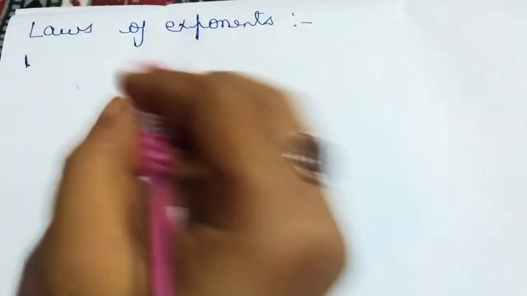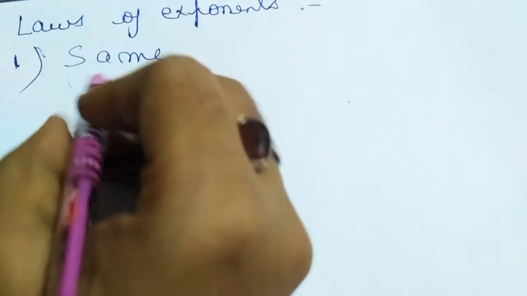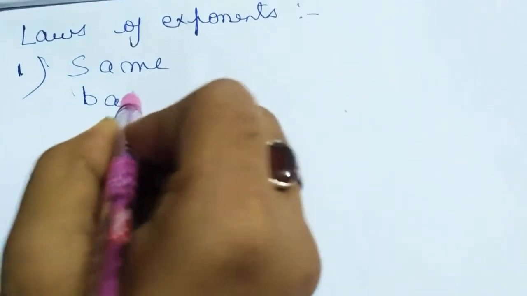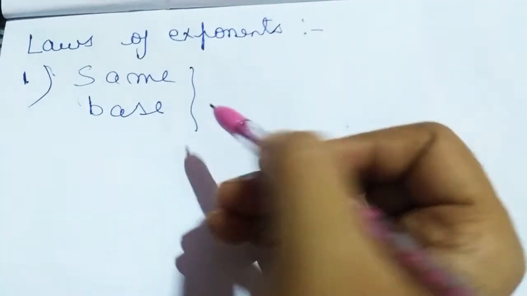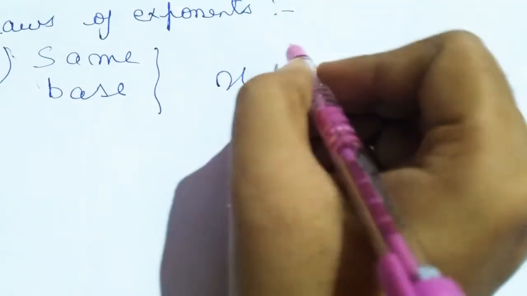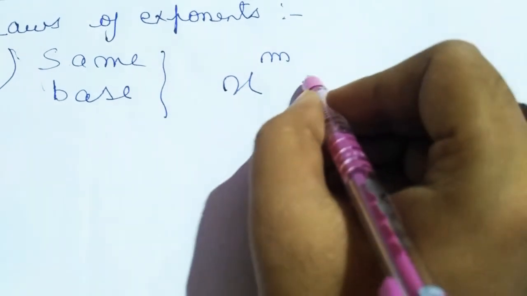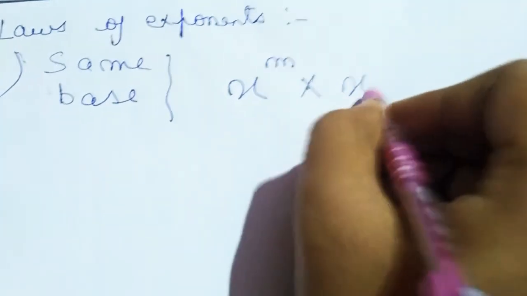First thing I want to share here: suppose you have the same base, okay, what is the meaning of same base? This means x to the power m multiplied by x to the power n.